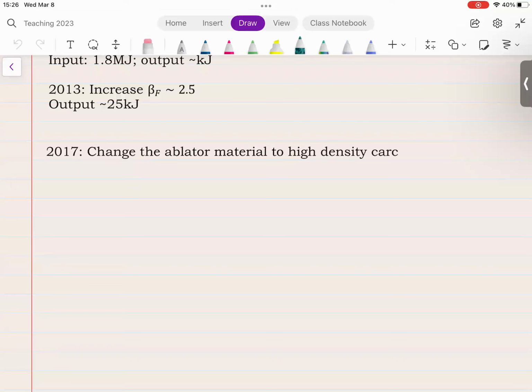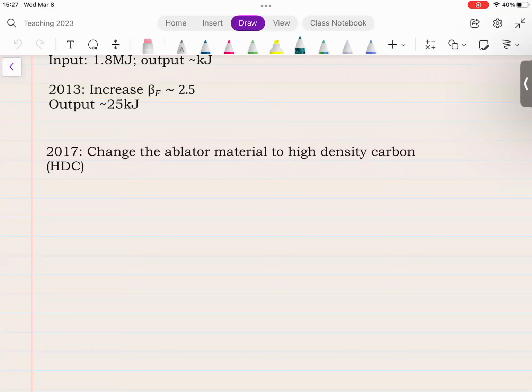High density carbon. Once it was realized that if we can design this material, it's going to be more dense than the original one, therefore we can go to a higher aspect ratio, and we can also shorten the laser pulse and modify the whole round.